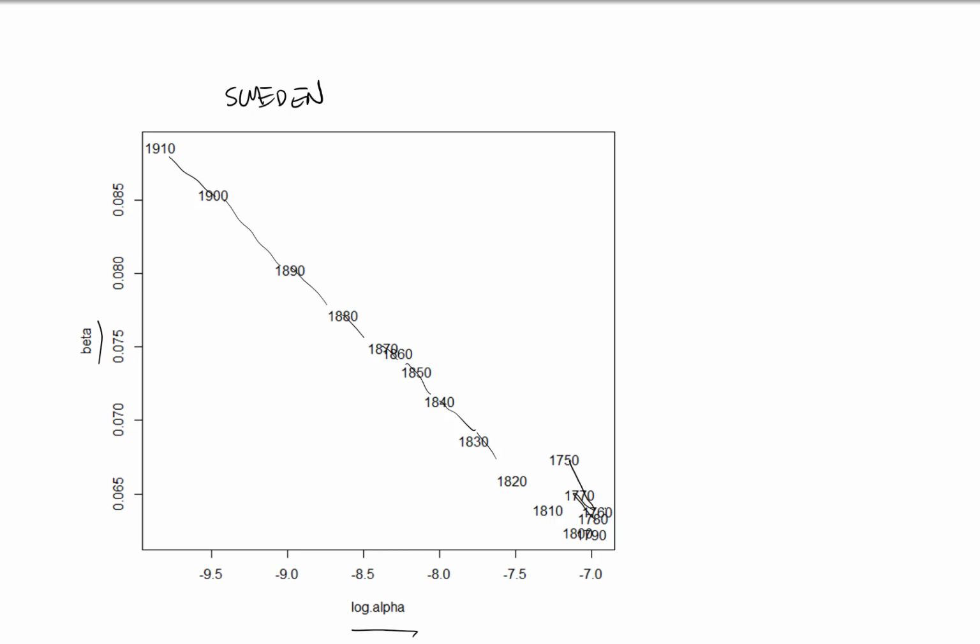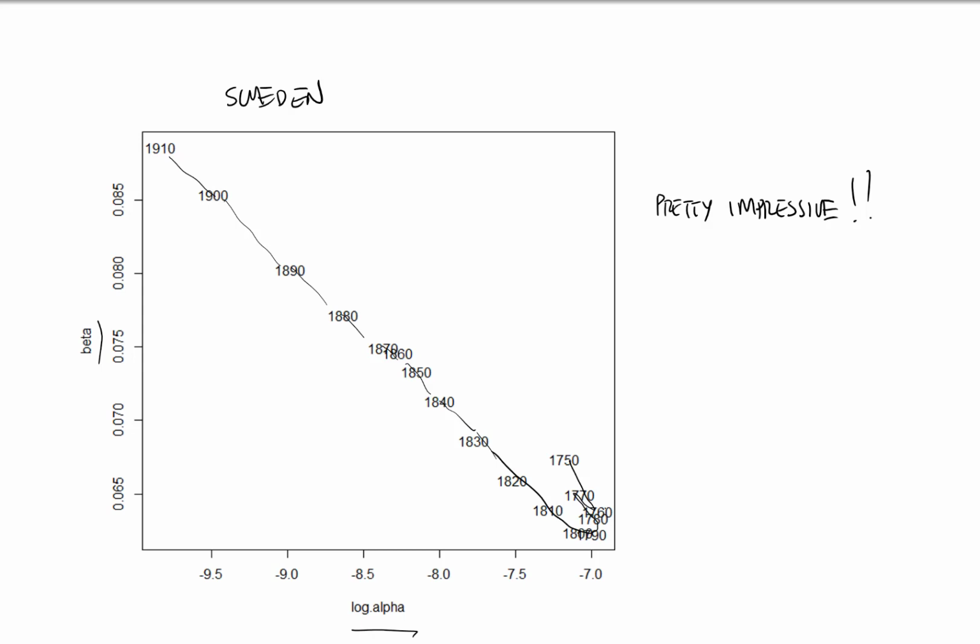It's only in the first couple of decades that you see it swiggle around. But after that, that's pretty amazing. That's pretty impressive. So even with this extraordinarily simple two-parameter mortality model, which only applies to adults, we're ignoring children and young adulthood.